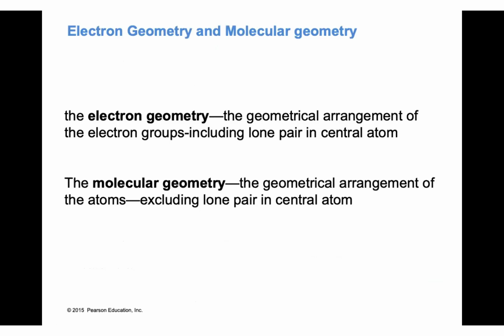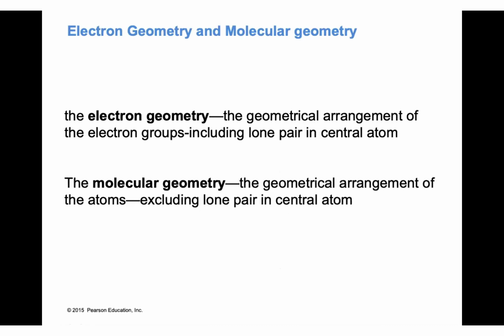Okay, what is electron geometry? Electron geometry is the arrangement of the electron groups, including lone pairs on the central atom. If you have a lone pair on the central atom, it is included in the electron geometry. The molecular geometry is the geometrical arrangement of the atoms and doesn't include the lone pair of the central atom, if you have a lone pair.